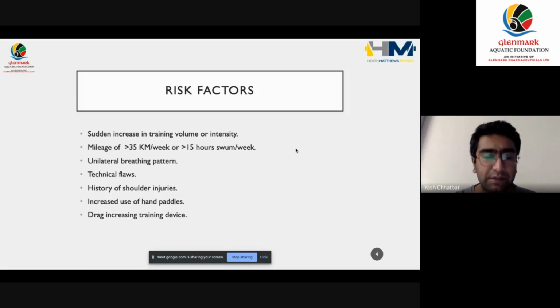Unilateral breathing pattern, and technical flaws which I've already explained. History of shoulder injuries. If you've had a shoulder injury in the past, then you have more chances of getting it again because you have developed a certain pattern in terms of movement.